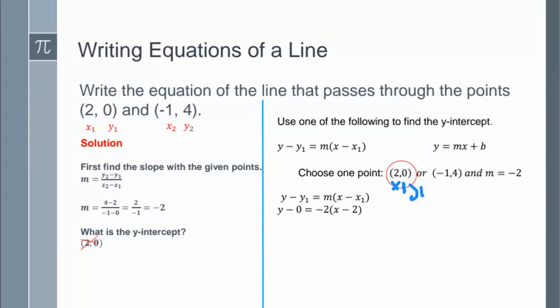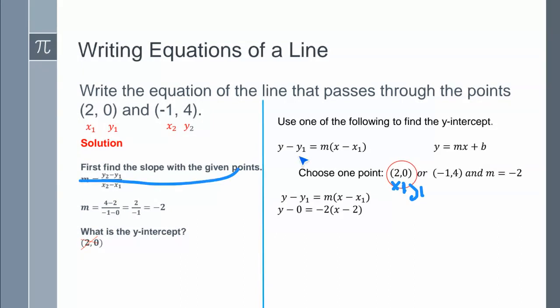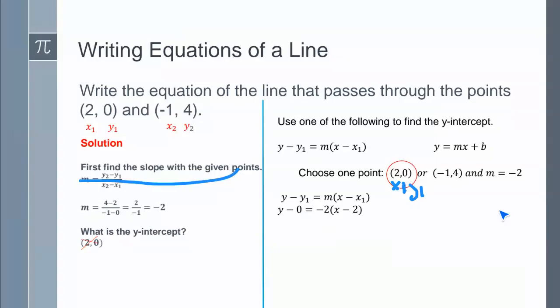So if we substitute for y1, we're gonna substitute the 0, right? And then for our slope, instead of -2, we had found negative 4/3. Okay, so let me go ahead and write that out. And I don't know why my pen is acting all crazy, but I will try here. So we're gonna have, oops.